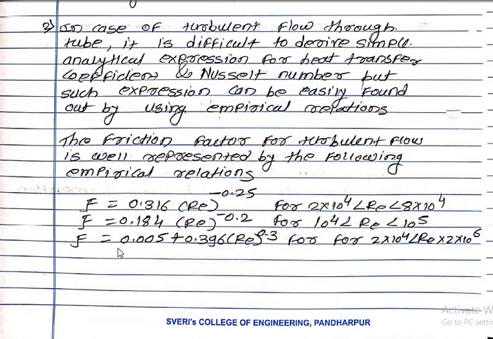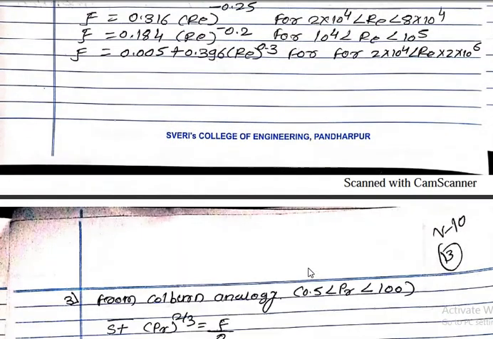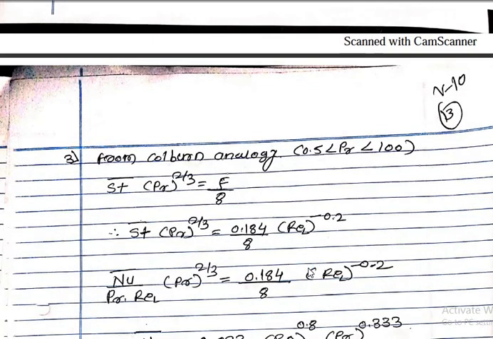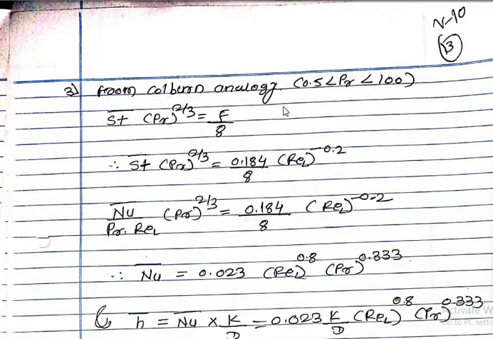Then friction factor is equal to 0.005 plus 0.396 multiplied by Reynolds number raised to minus 0.3 for Reynolds numbers between 2 into 10 raised to 4 and 2 into 10 raised to 6. So from the Colburn analogy, which is valid for Prandtl number greater than 0.5 and less than 100.